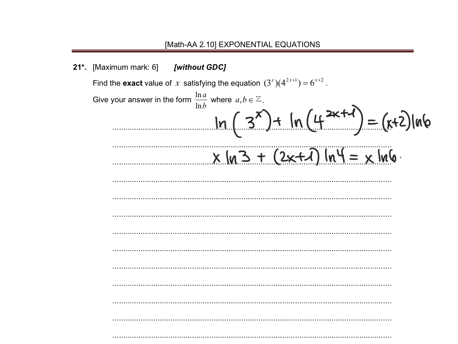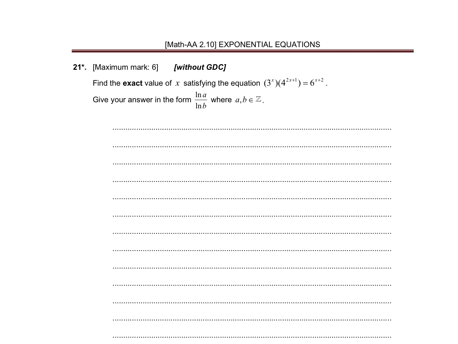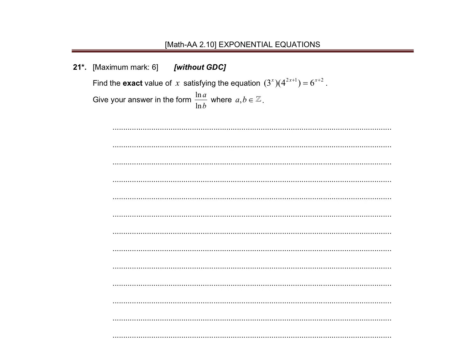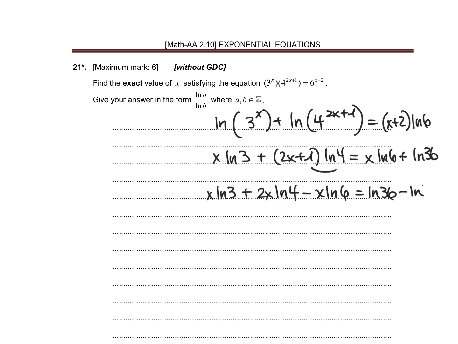X natural log 6 plus 2 natural log 6 is natural log 36. And the 2 pops up. Okay, so plus 2x natural log 4. I'm going to subtract x natural log 6. And I'm going to get the minus natural log 4 over here.